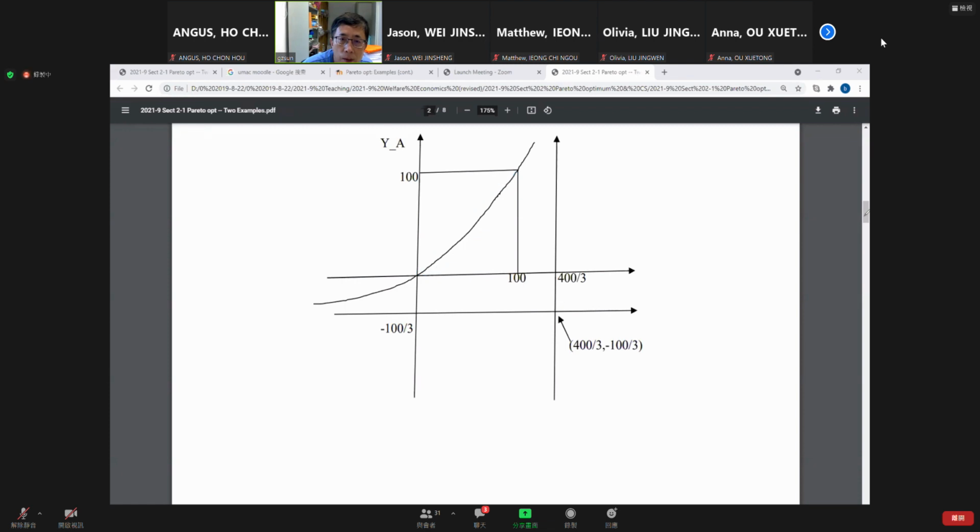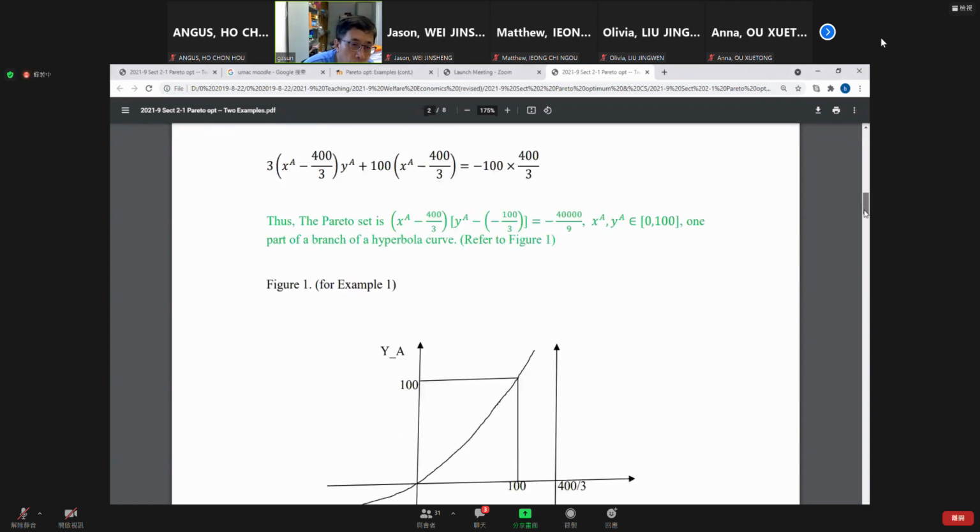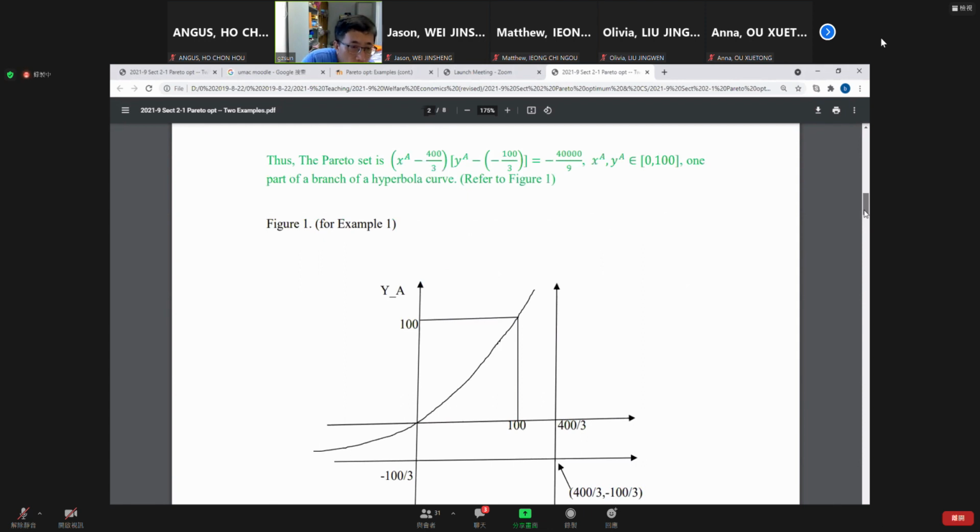So we solve this example by first looking at the exchange optimal, and then we find the solution. This part we call the partial set.